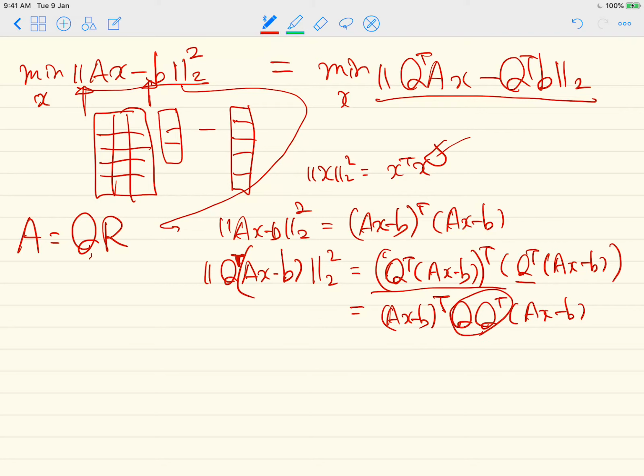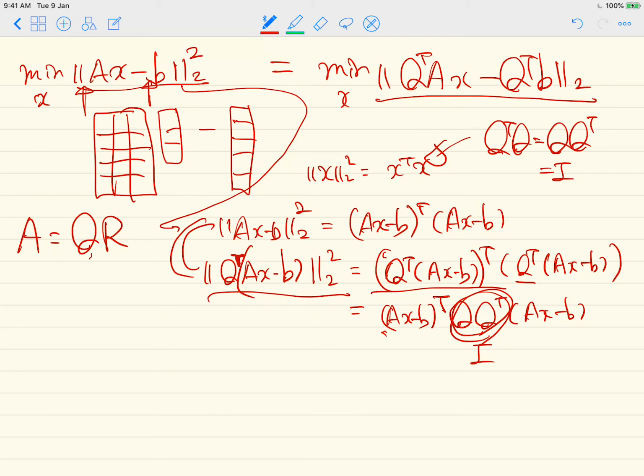And so in the case of orthogonal matrix Q, which is the square matrix and having orthonormal columns, then we know Q transpose Q is an identity matrix, and so this guy is actually equal to this guy.